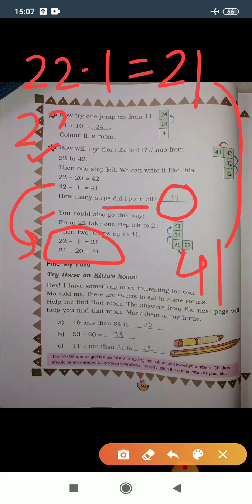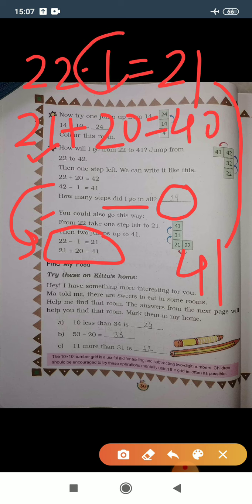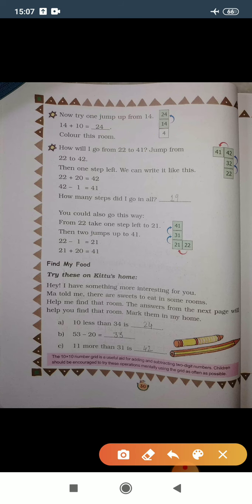After that, 21 plus 20 equals 41. So similarly minus 1 and plus 20, so 20 minus 1 is 19. With the help of both methods you can conclude how many jumps we need to take to reach room 41. We need to take 19 jumps.